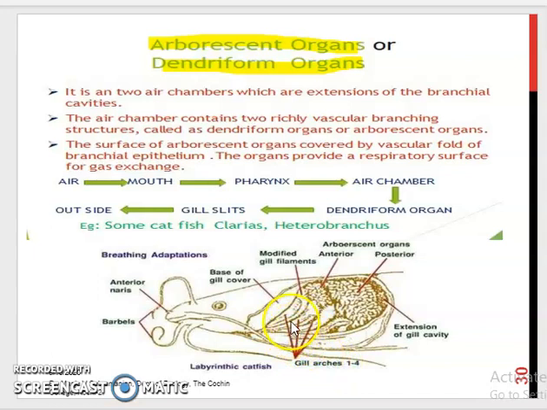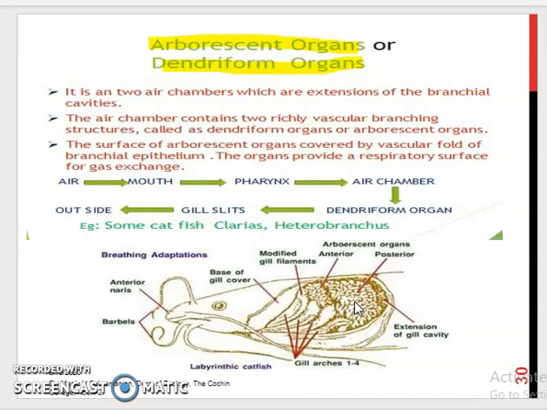These are the four gill arches that you can see here, and this arborescent organ is formed from the second and the fourth gill arches. It has two chambers, as you can see here. This is the first chamber and this is the second chamber, and it is usually an extension of the branchial cavities.